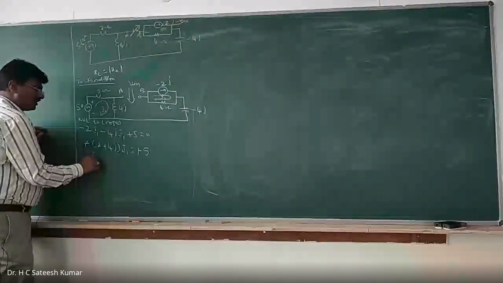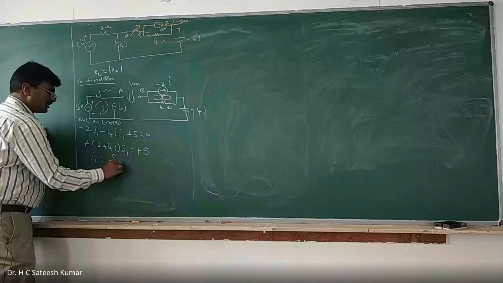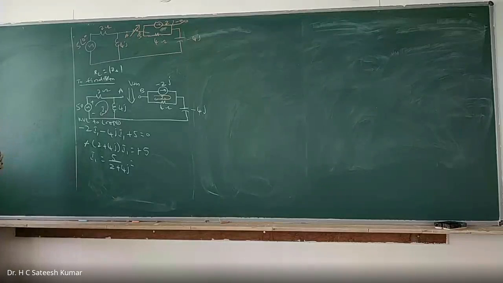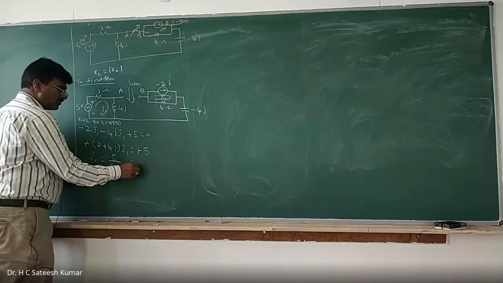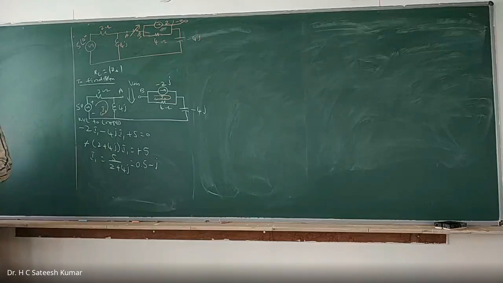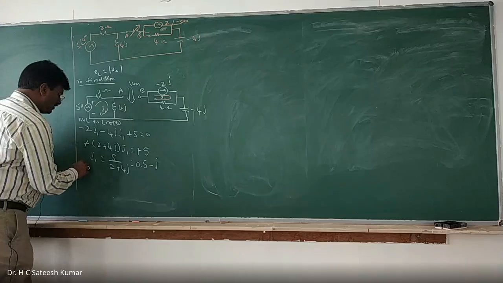So I1 is equal to 5 divided by 2 plus 4j, which gives 0.5 minus j. That is your I1.